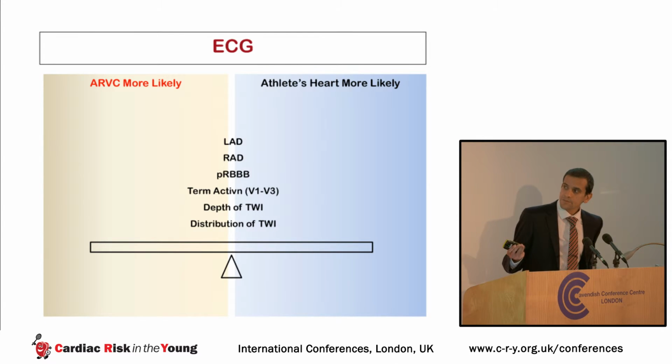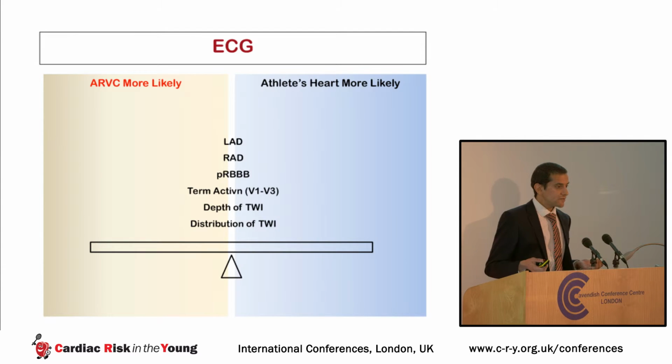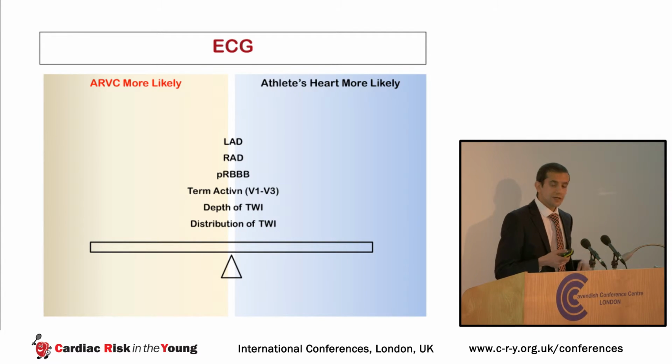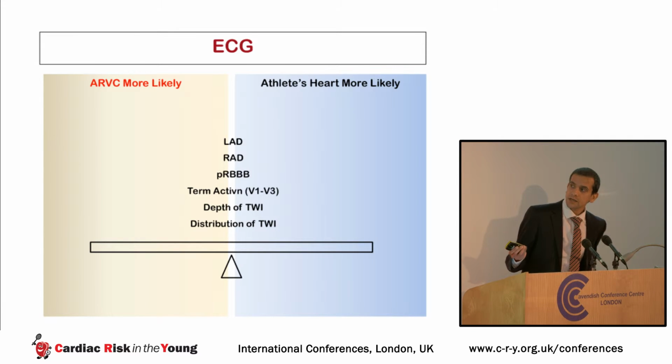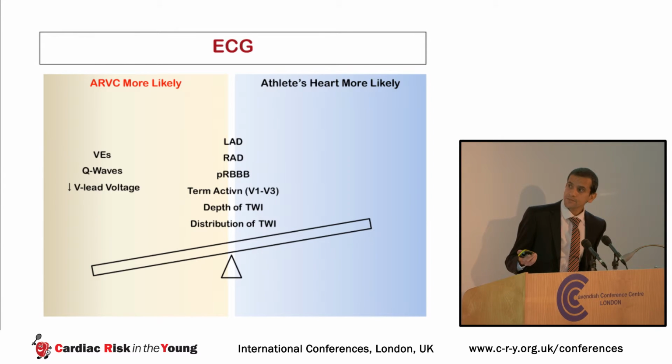And interestingly, regardless of how deep the T-wave inversion was or which territory it was on, be it inferior, lateral, or anterior, it didn't help. We saw this in athletes and ARVC.